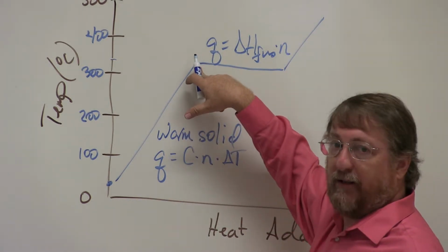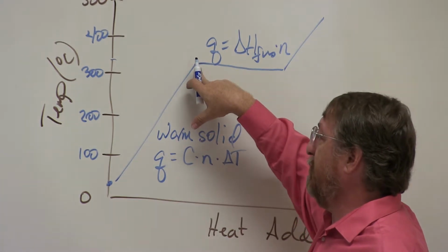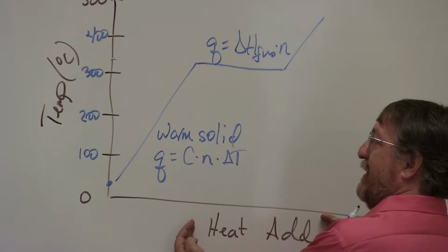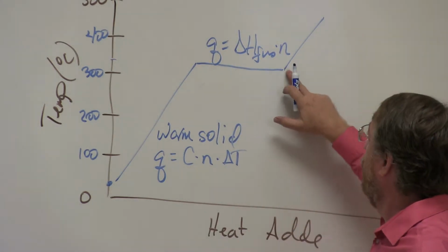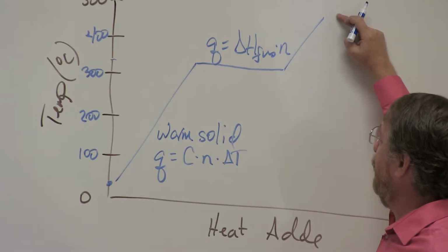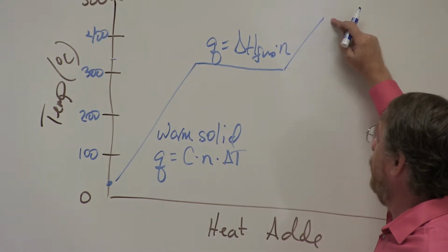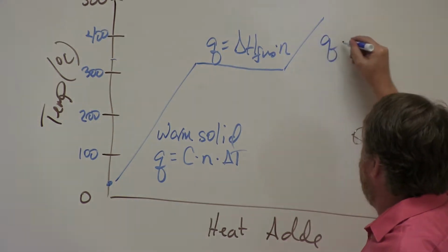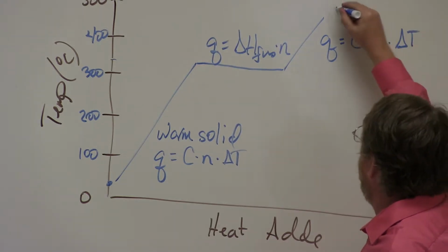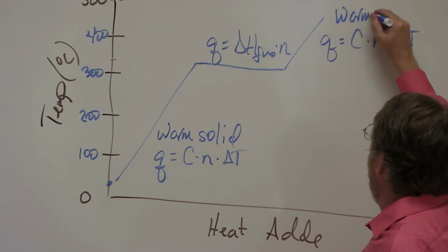Here we have solid lead at 327.5 degrees Celsius. Here we have liquid lead. All we've done is added heat. We have not changed its temperature. Then we're going to go through the final phase, which is taking liquid lead and heating it to 500 degrees. So we're back to Q equals Cn delta T as we warm the liquid.